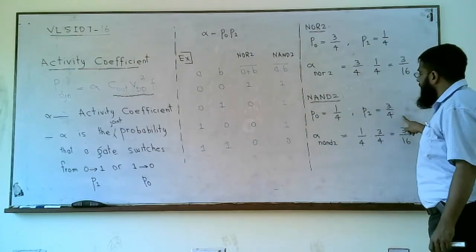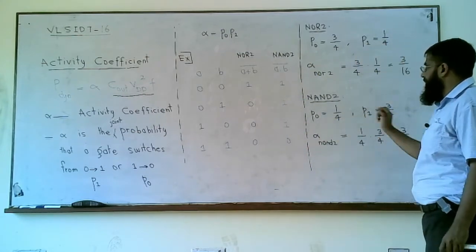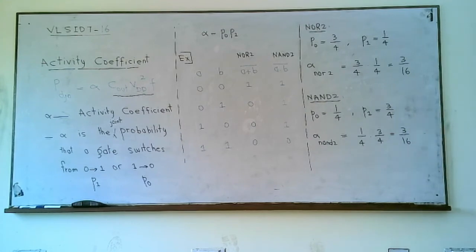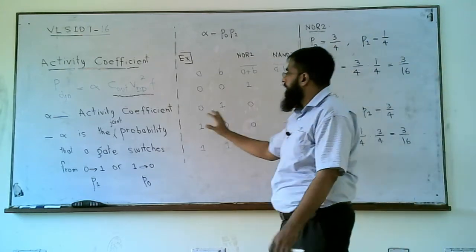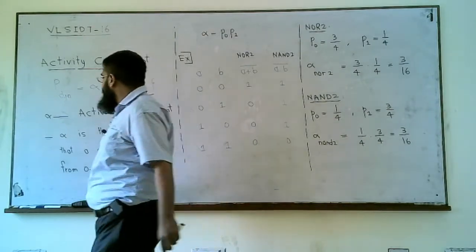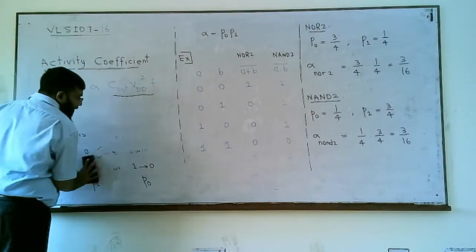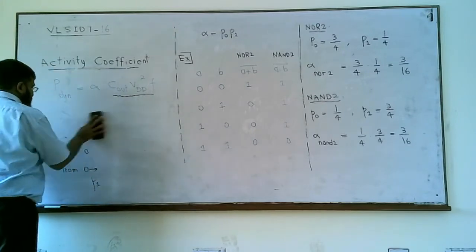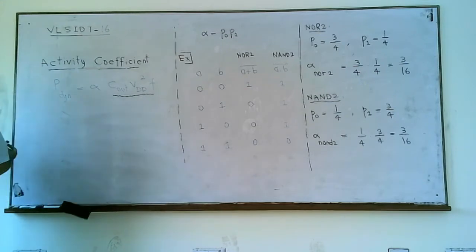Therefore, P1 is 3 over 4, and out of these 4 options, only 1 is 0, therefore 1 over 4. If you multiply these two, it also comes out to be 3 over 16. It's interesting, and we'll put that in front of this whole expression in order to get a more complete expression for dynamic power. We can extend this analysis further for any gate, for any Boolean expression, in fact.